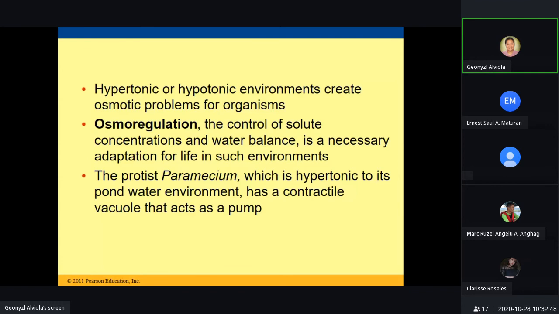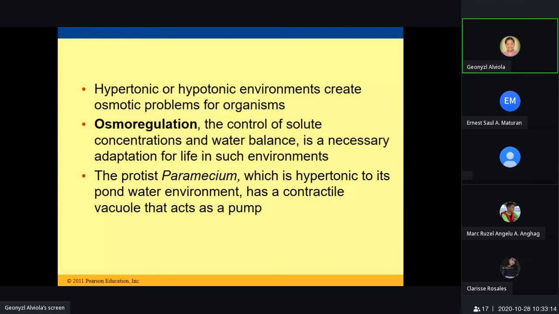And sa mga freshwater, the same thing, malaki ang tulong sa mga unicellular organisms, yung vacuole, contractile vacuole. Sa paramecium and amoeba, since na-expose man sila sa mga freshwater environments, ang contractile vacuole ang naga-expel og excess water.